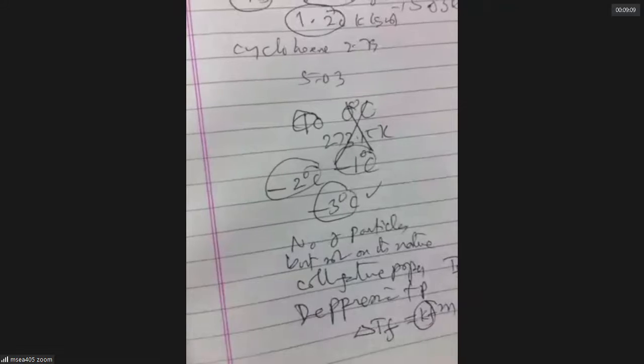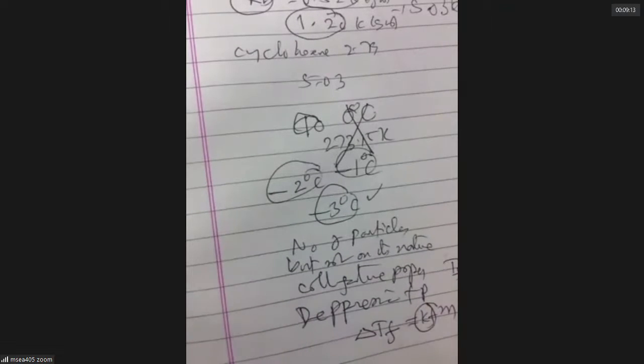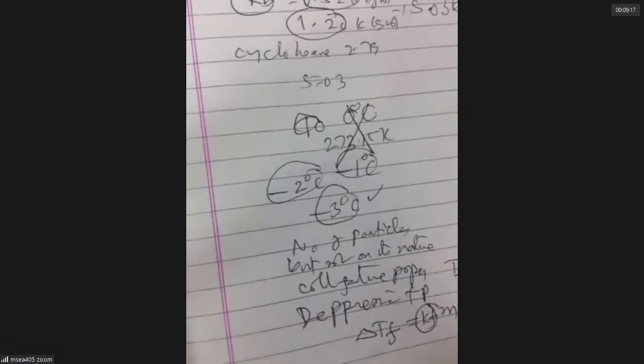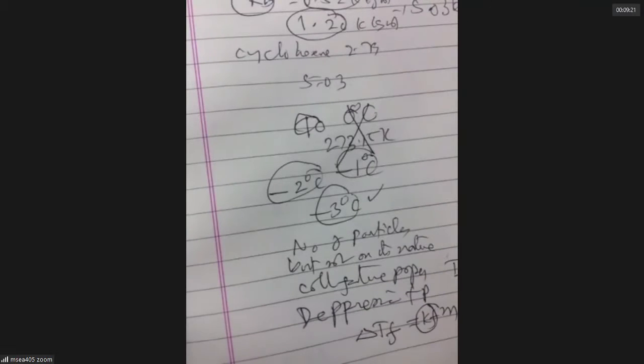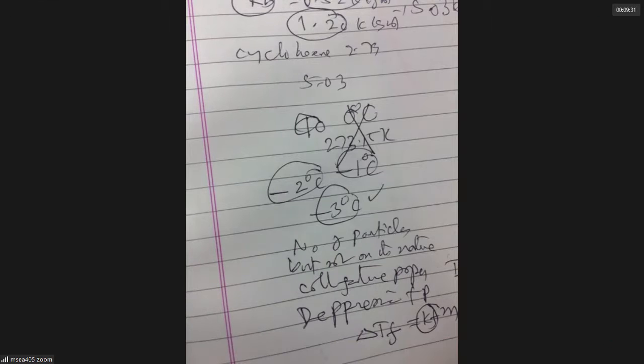So boiling has latent heat of vaporization, whereas melting has latent heat of fusion. Both are similar. Boiling point is increasing, freezing point is decreasing. Boiling point depends on molality, freezing point also depends on molality. Delta TB is equal to Kb into m.